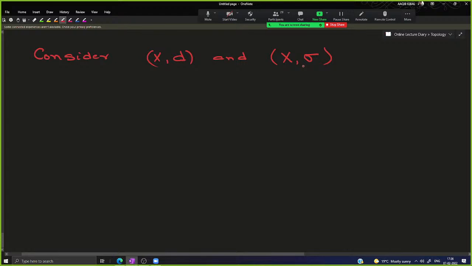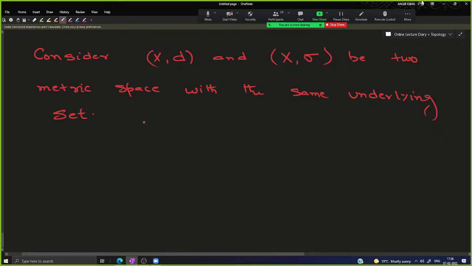Consider (X, d) and (X, sigma) to be two metric spaces, and as is evident here, their underlying set is the same, with the same underlying set.